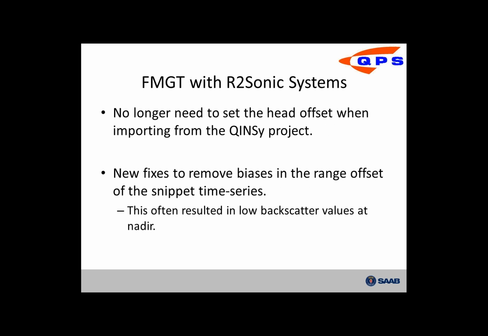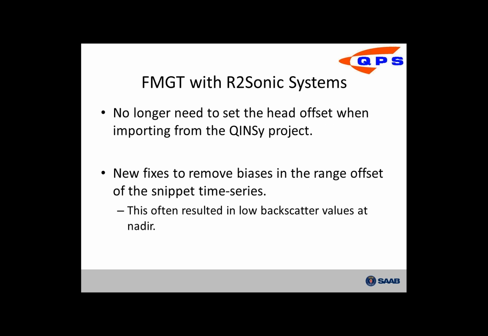Now, I want to highlight a few different parts with the current FMGT. One thing with R2 Sonic systems: with the latest releases, 7.3 as well as 7.4, you no longer need to set the head offset when you're importing from the Quincy project. Also, there were a number of fixes to remove biases in the range offset of the snippet time series.